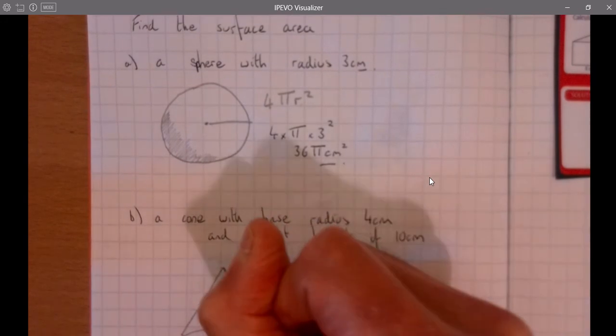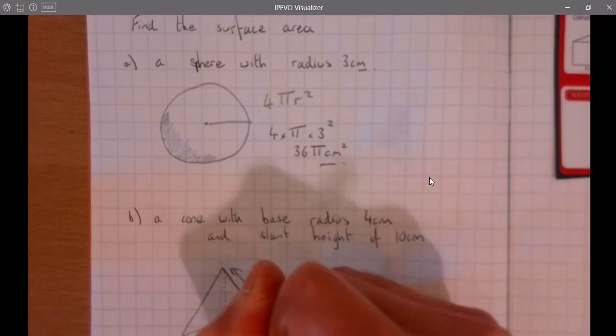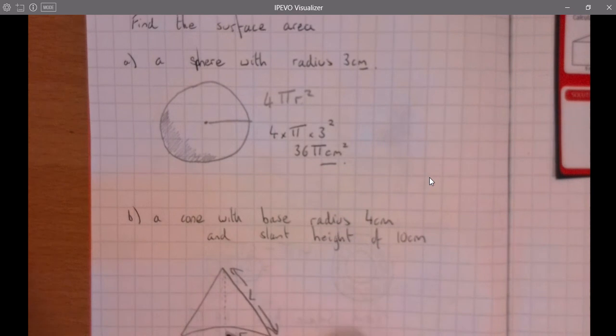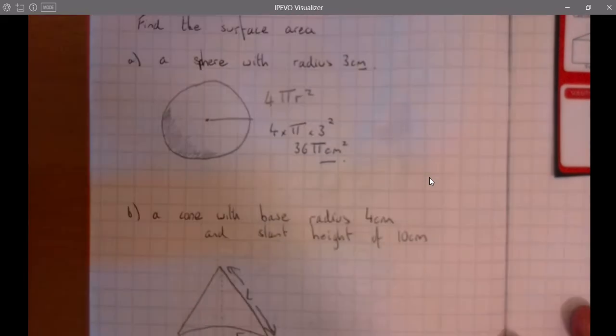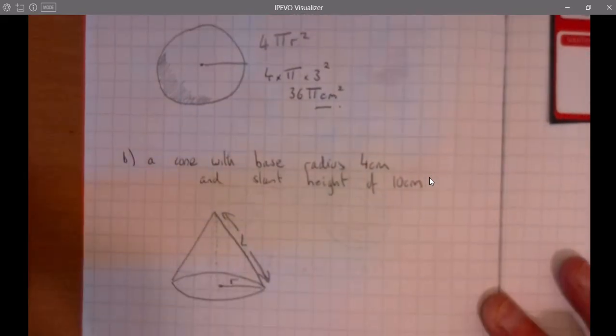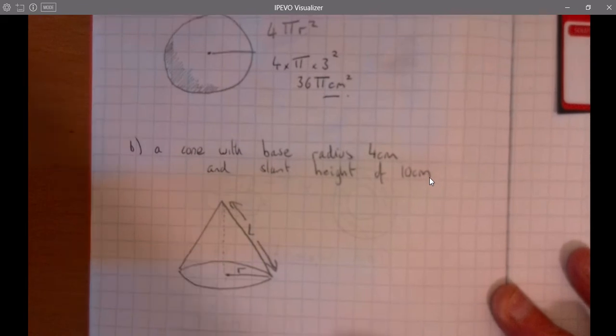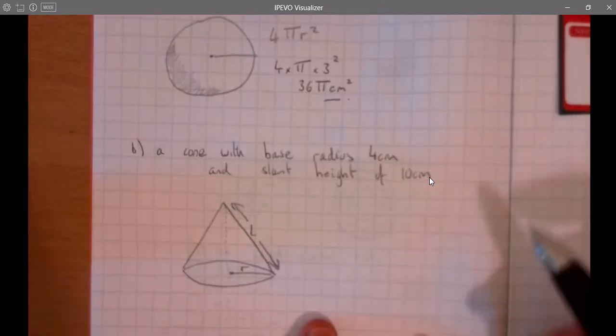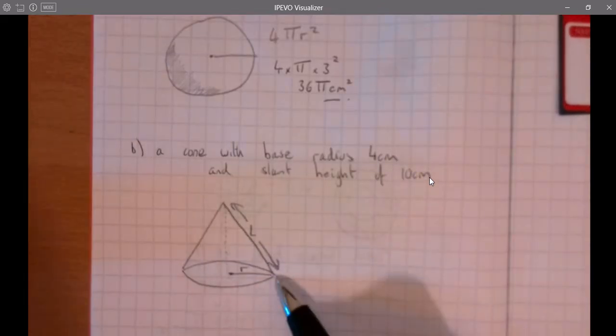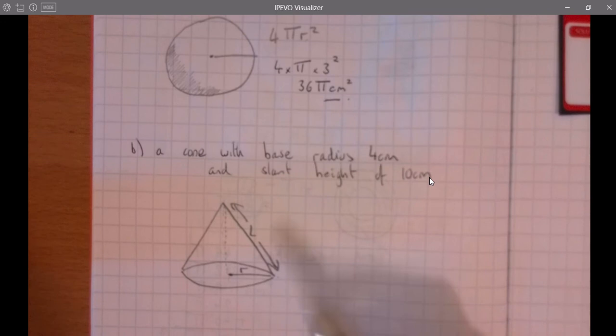Something else to look out for that quite often pops up in these questions: you've got a right angled triangle, so a little bit of Pythagoras going on there, but we're not going to worry too much about that. So we've got the radius and the slant height just there.